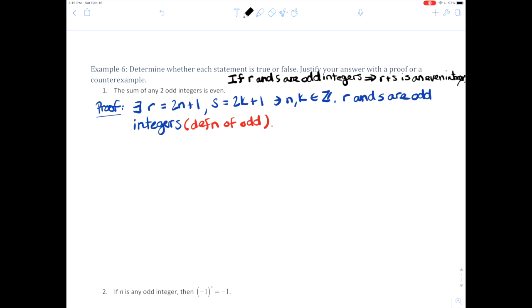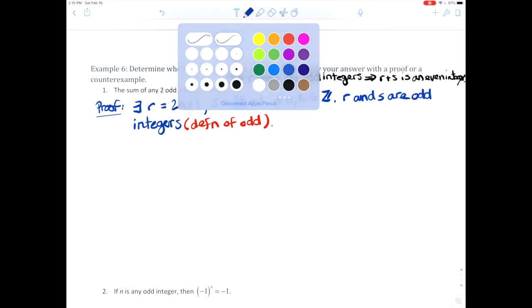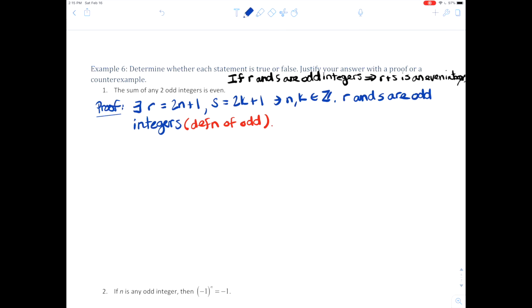Okay, so let's take a look now. We have created the situation where r and s are both odd integers. If they were supposed to be distinct, we would have said that n was not equal to k, but they didn't say distinct, all right? So we're not going to exclude anything.